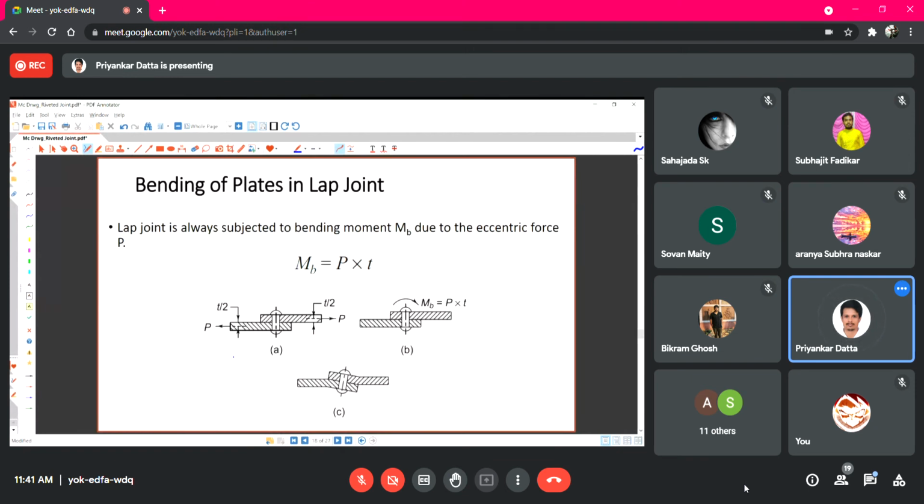Now I mentioned that along with lap joint there is another type of joint, that is butt joint. Why do we have to use butt joint in many cases?